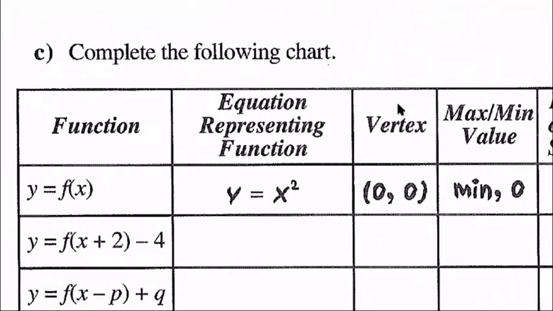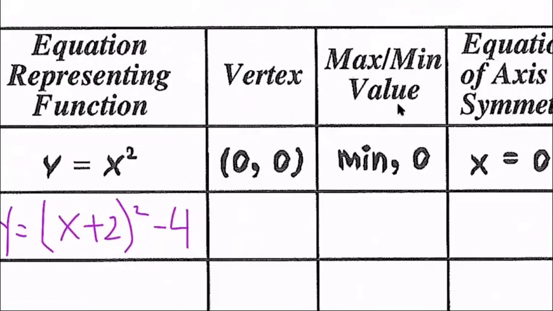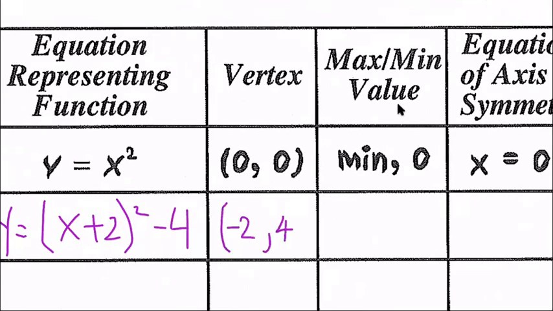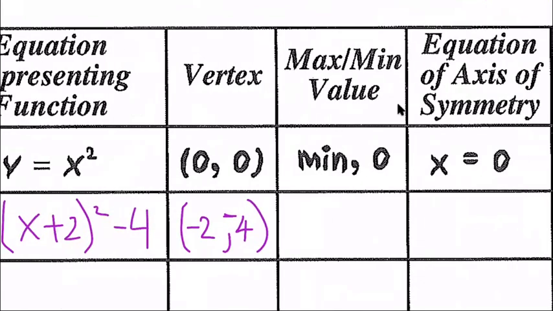Our equation, y equals bracket x plus 2 squared minus 4. Our vertex becomes negative 2, 4. No, negative 2, negative 4. Our minimum value changes now, negative 4. Our axis of symmetry, x equals negative 2.